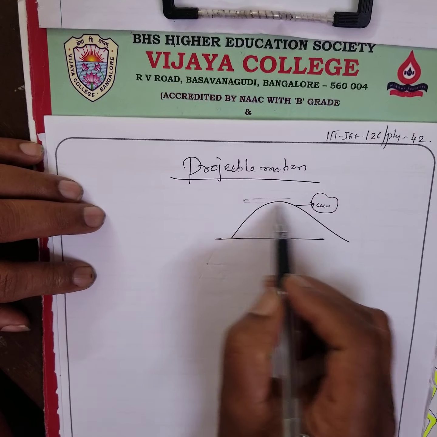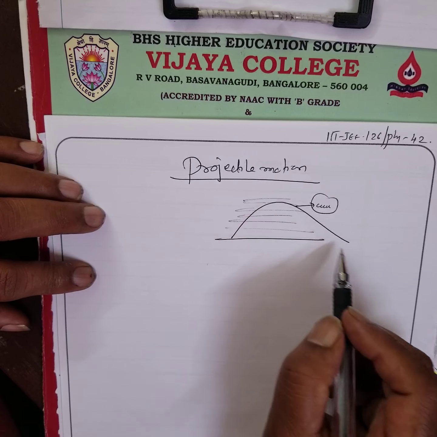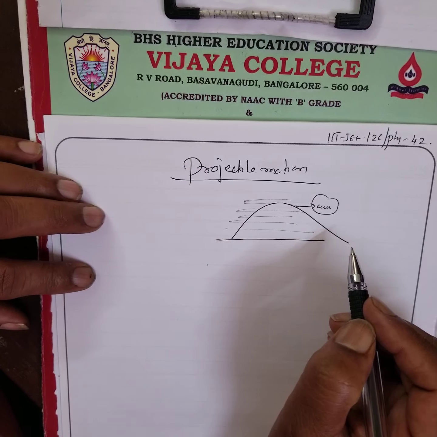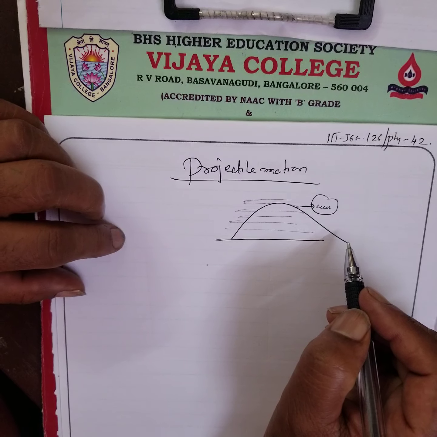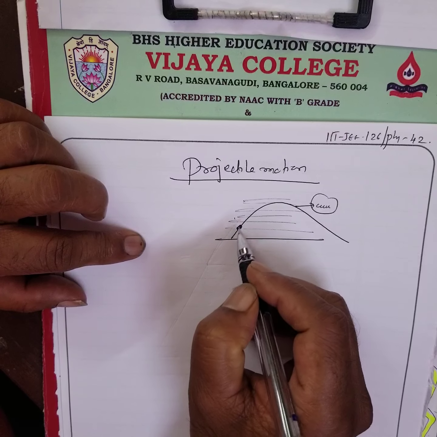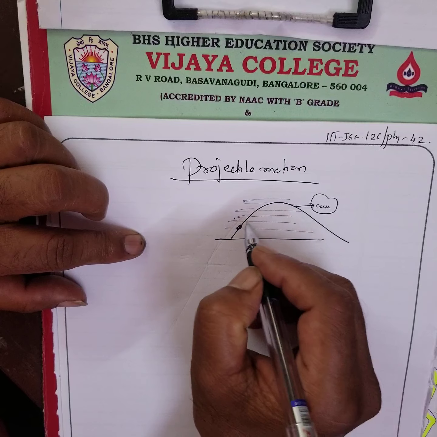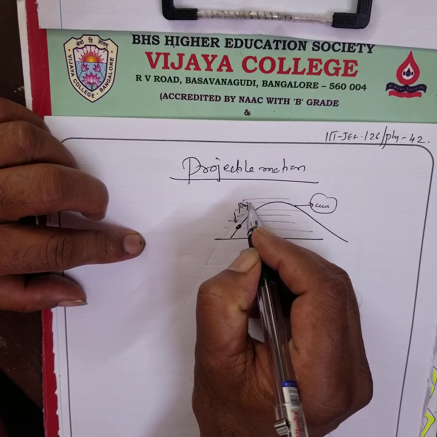In fact, in the absence of air resistance, the path of the ball is a parabola. Objects that are thrown in a similar manner are called projectiles.